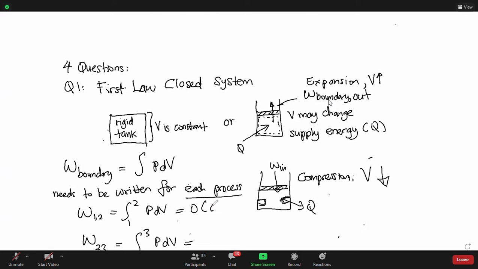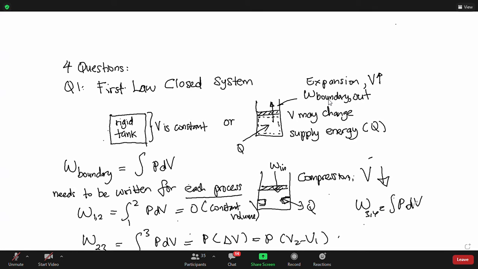P times delta V. What is delta V? V2 minus V1. Okay, what if it is a polytropic process? PV to the power of n is constant.